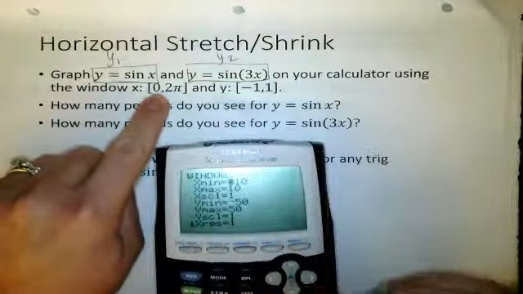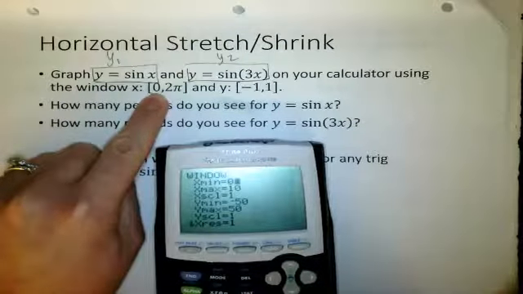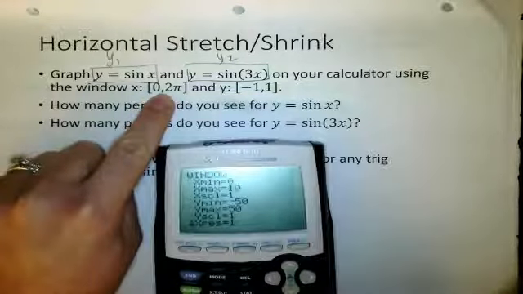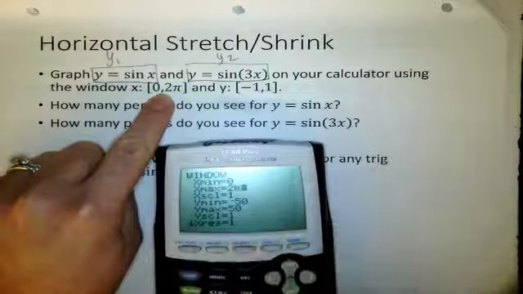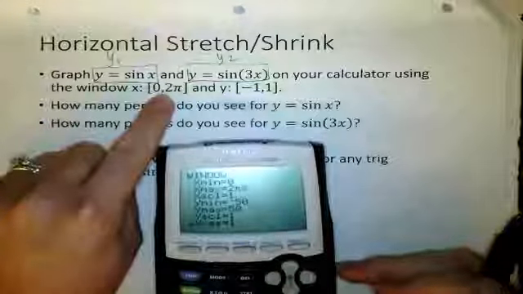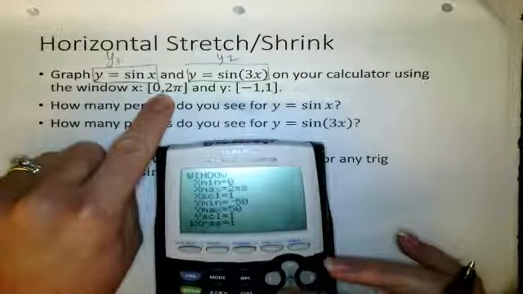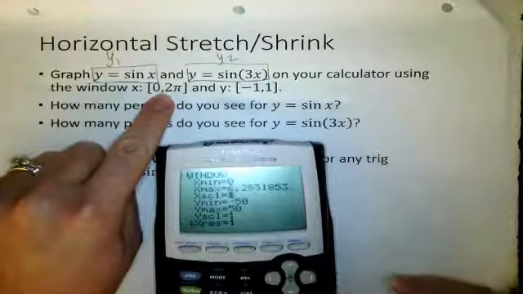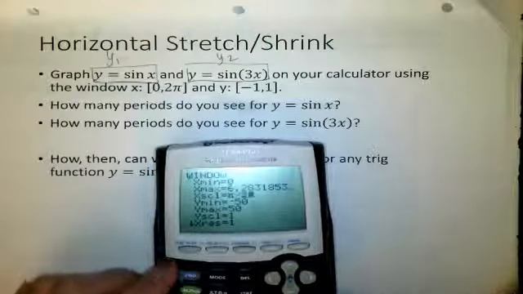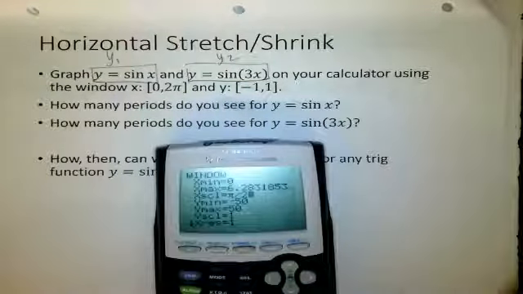And we're going to change our x-min to be 0. And then our x maximum to be 2 pi. The x scale is not too important. I'm going to make that pi over 2. So that's what you count by.